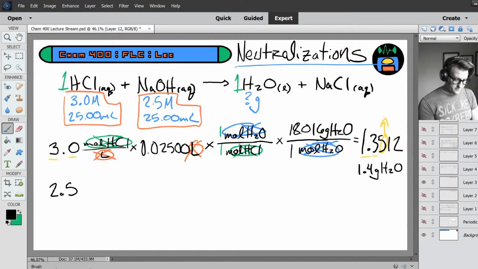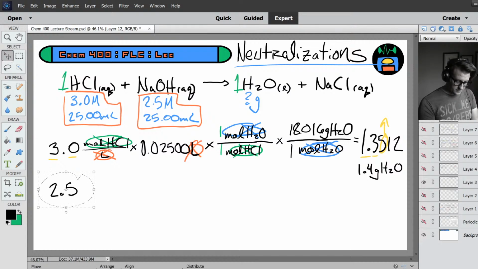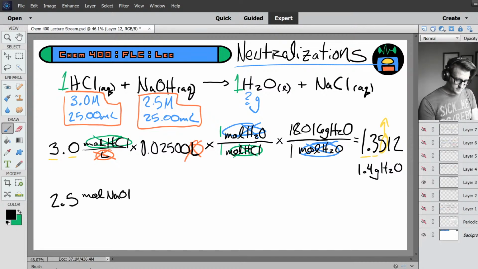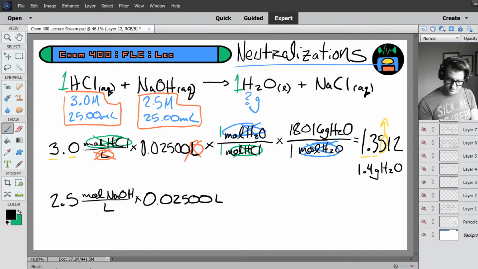To determine our answer, we've got to do the same calculation for sodium hydroxide. And actually, I'm going to scoot this down just so I don't get crowded later. All right, 2.5, and this is moles of sodium hydroxide over liters, multiplied by our volume, 0.02500 liters.